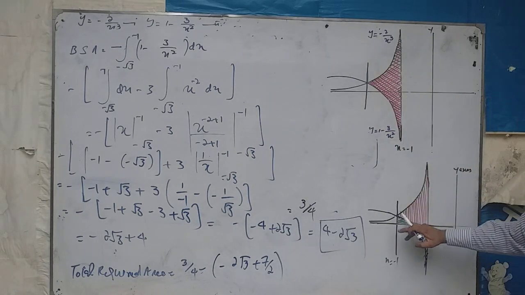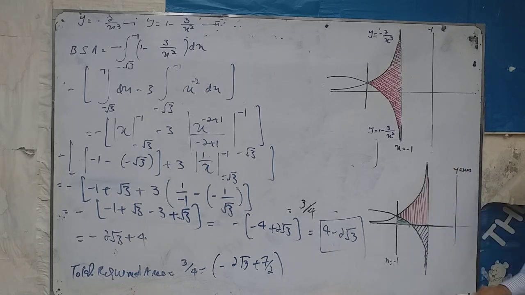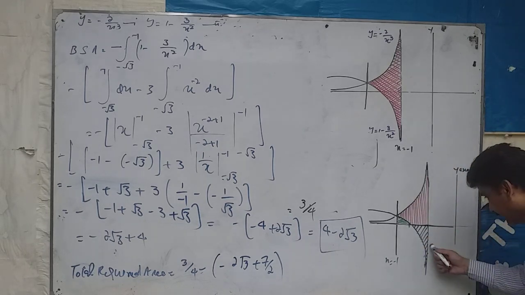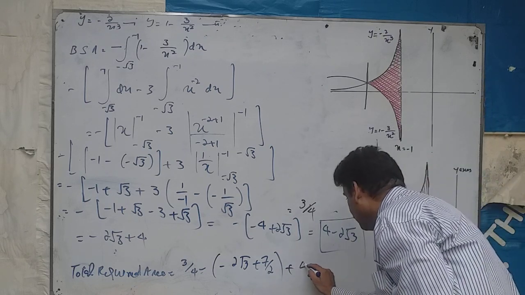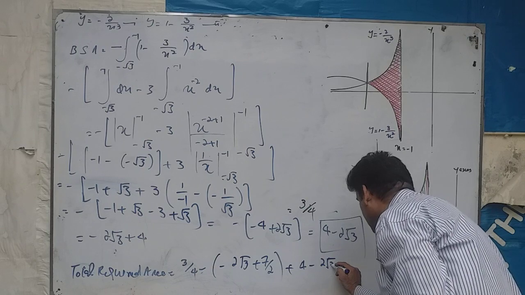After subtracting this smallest area from this total area, we now add this remaining area. The value of this remaining area will be 4 minus 2 under root 3.